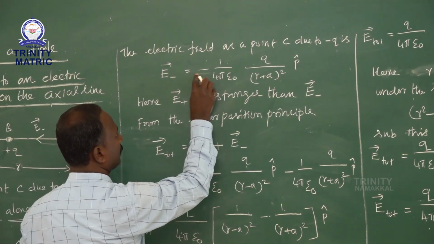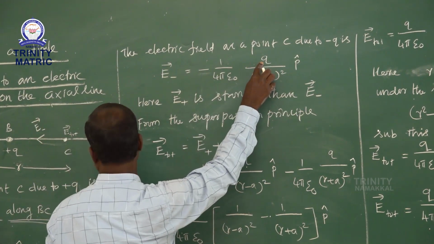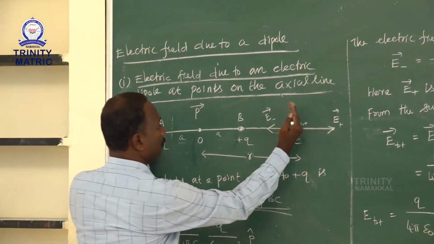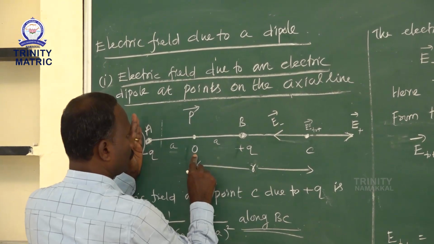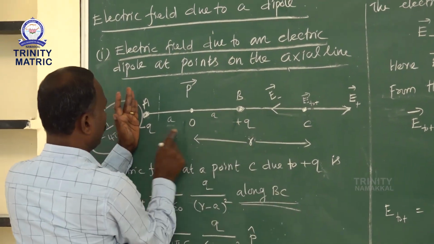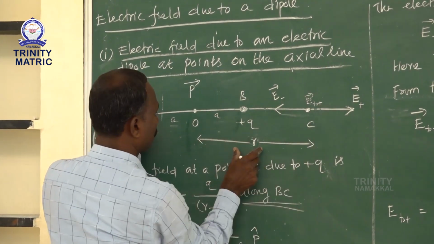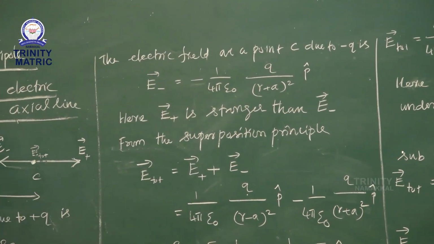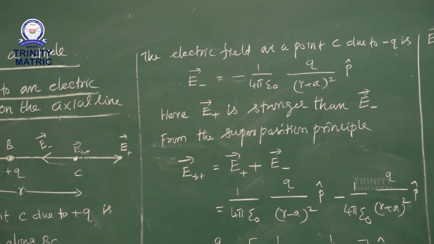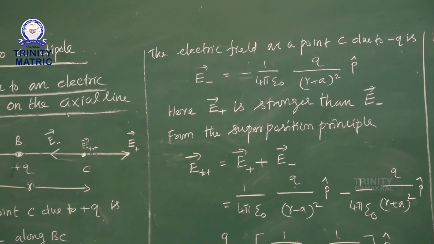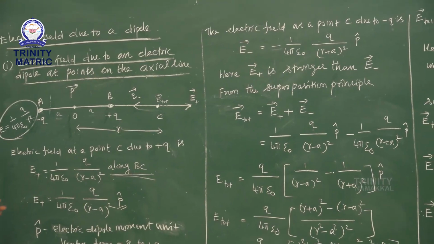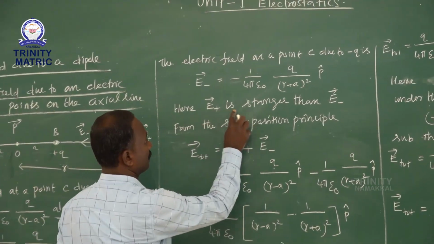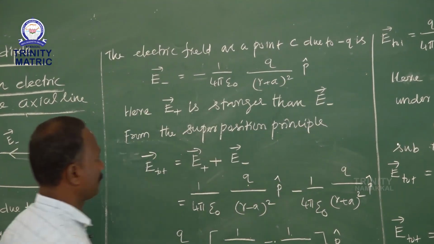The minus sign represents the charge of minus Q, and here we calculate the distance from minus Q to C, which is R plus A. The electric field of plus Q is stronger than that of minus Q, so E plus is stronger than E minus.